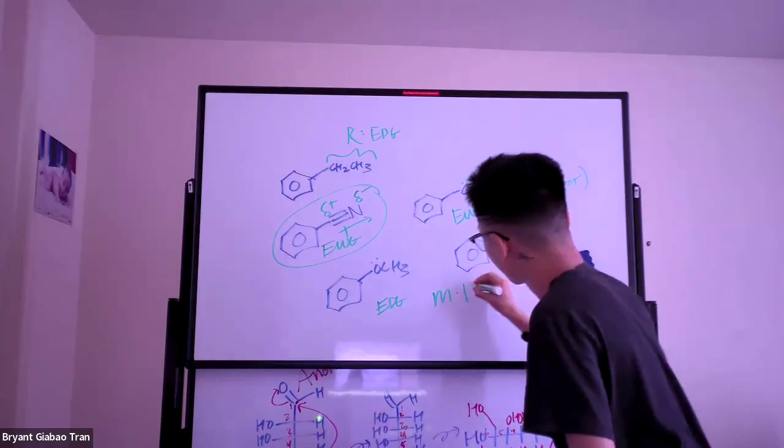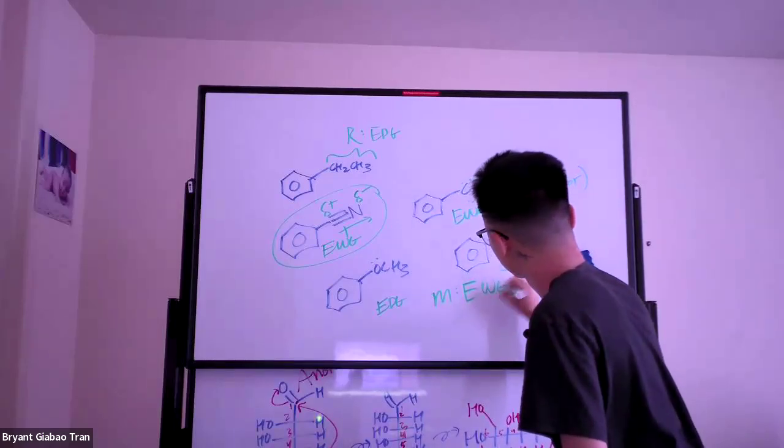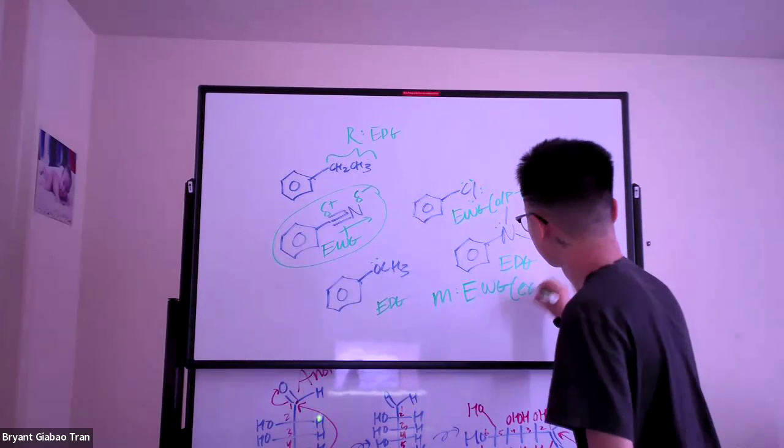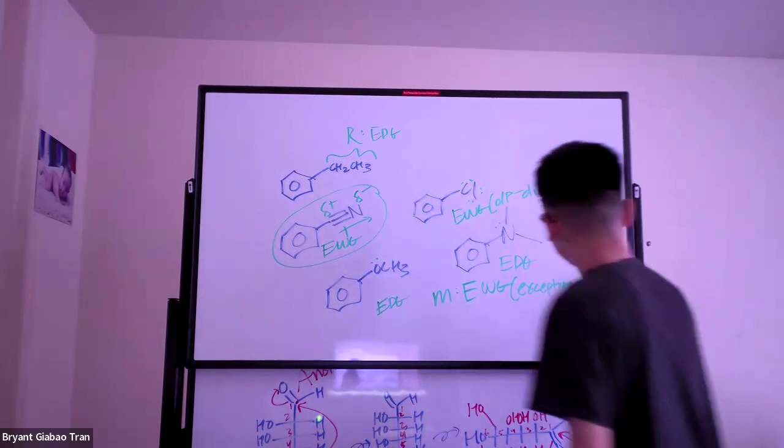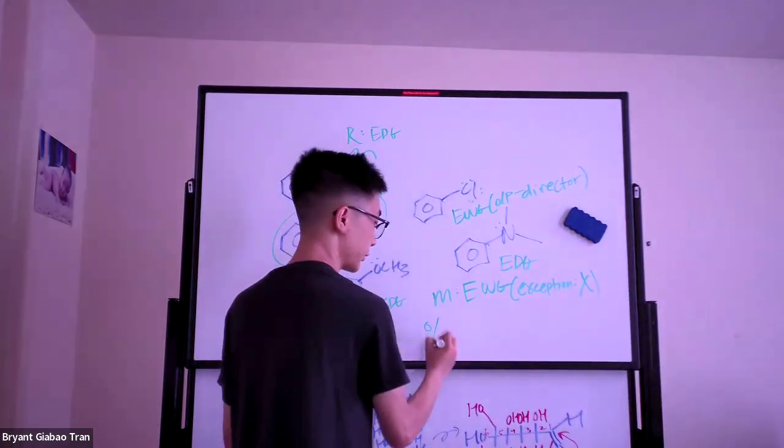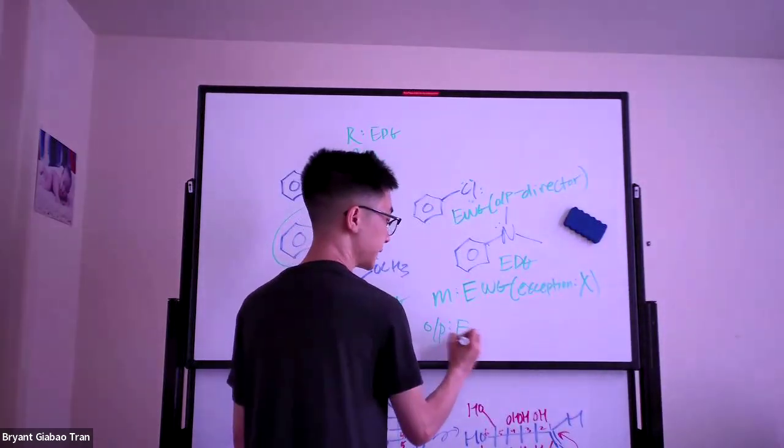Meta is electron withdrawing. Yeah, electron withdrawing groups are meta directors. The exception are the halogens. Ortho-para directors are all EDGs. Halogens are EWGs because they are very electronegative.